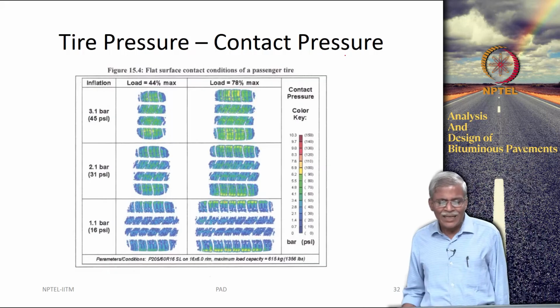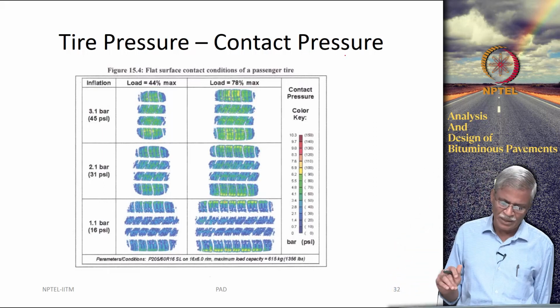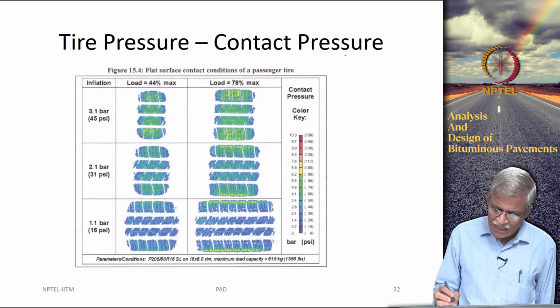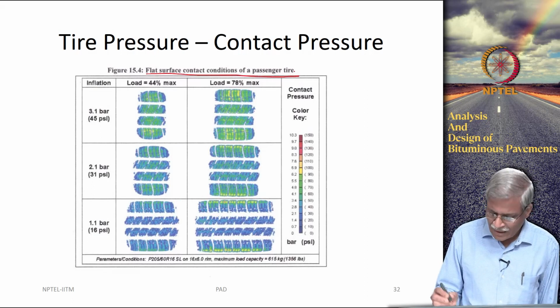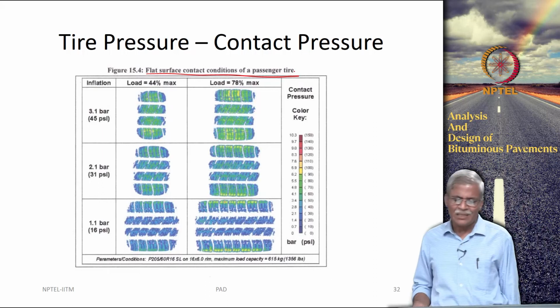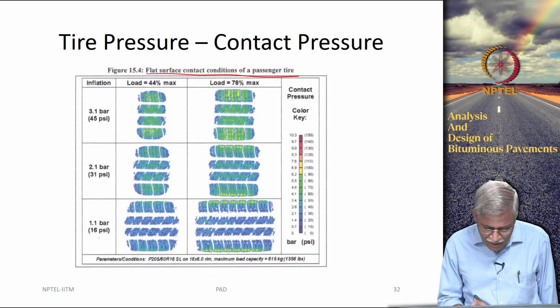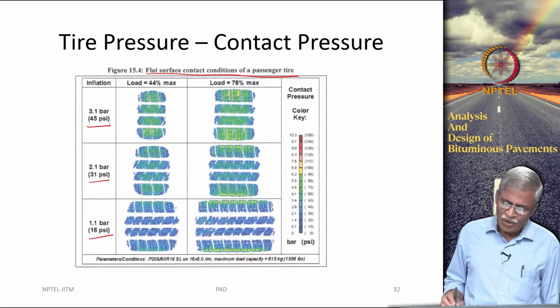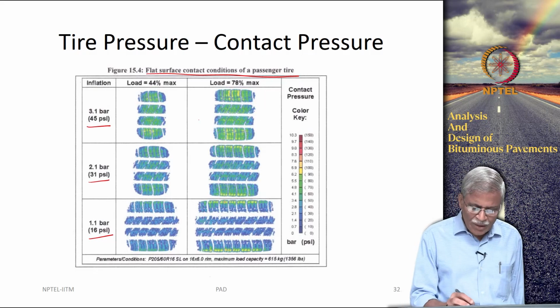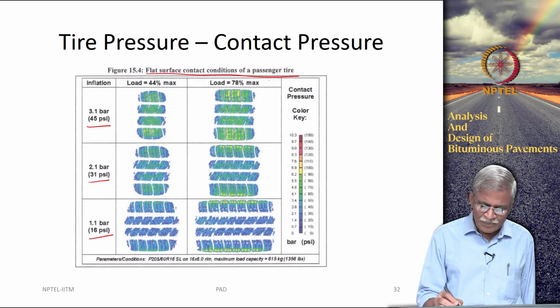The tire pressure, contact pressure needs to be understood a little more carefully here, because you can actually see these are the flat surface contact conditions of a passenger tire. You can see how, when you have 16 psi, 31 psi, 45 psi, the contact area here keeps varying.